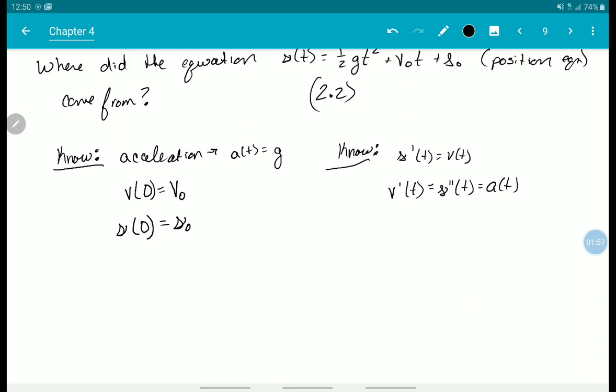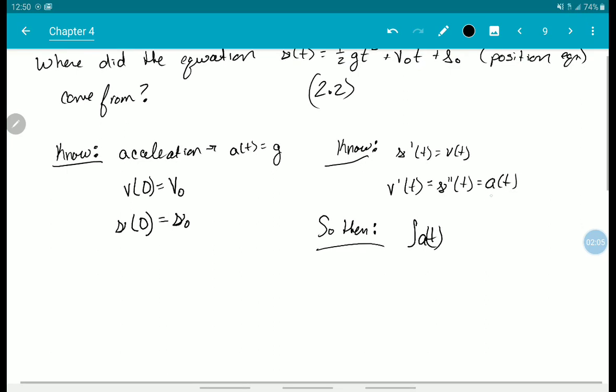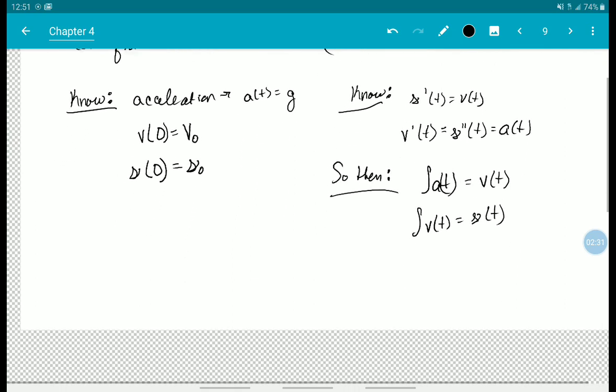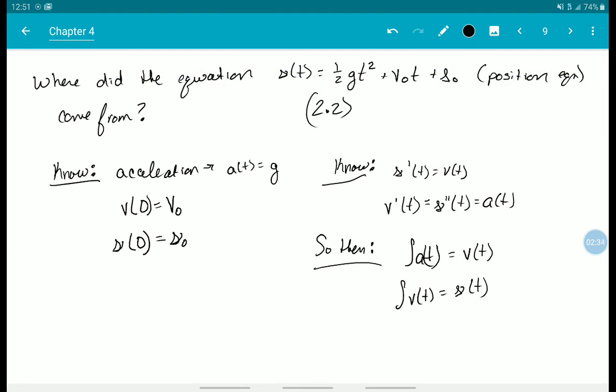If we integrate acceleration, then we would get back to the velocity. And if we integrate velocity, then we're going to get back to the position equation. We're going to put all of these ideas together in one place, and then we're going to be able to derive where this guy comes from.